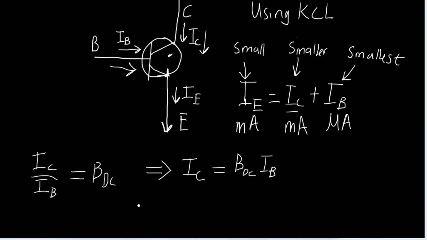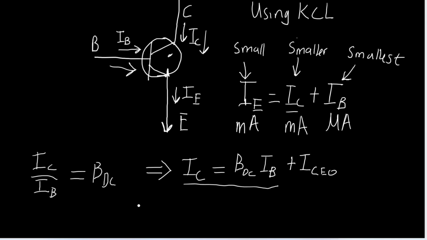Now, one thing I would like to add before I move on is that this expression isn't complete, because we are neglecting a current that is normally small. This current is called leakage current, represented with ICEO. It is very, very small.